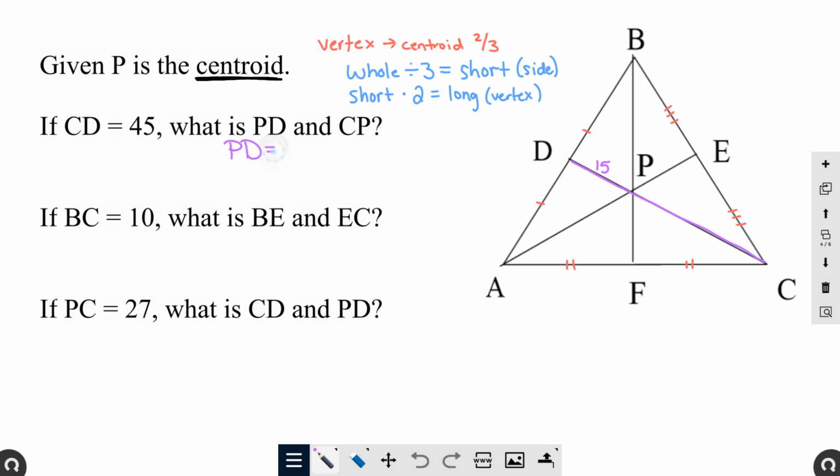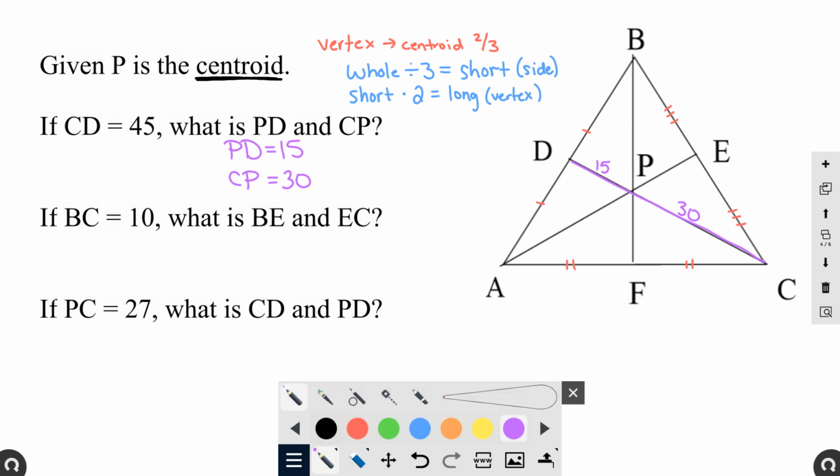So PD is 15. How would we get CP? Multiply it by 2. Or, like Dixie said, subtract it, the whole minus that part. What's 45 minus 15? 30, which is the same as 15 times 2. Ta-da! That's a lot easier than using the 2/3, isn't it?